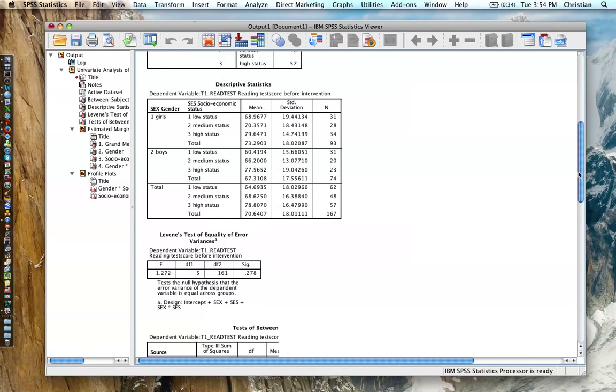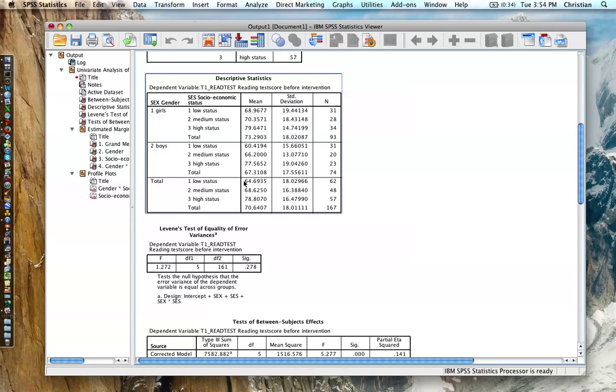Then we get a table with the descriptive statistics. And it's nested, so we see first girls and then boys, and then for girls we have the status nested within girls. So girls of low status have an average of 68.96 points on this reading test. Girls of medium status have 70.35 points, and girls with a high status have 79.64 points.